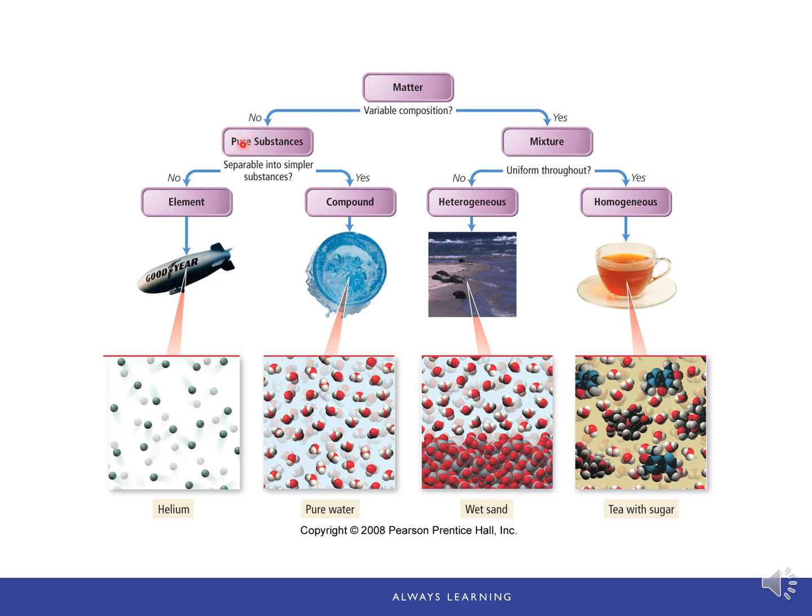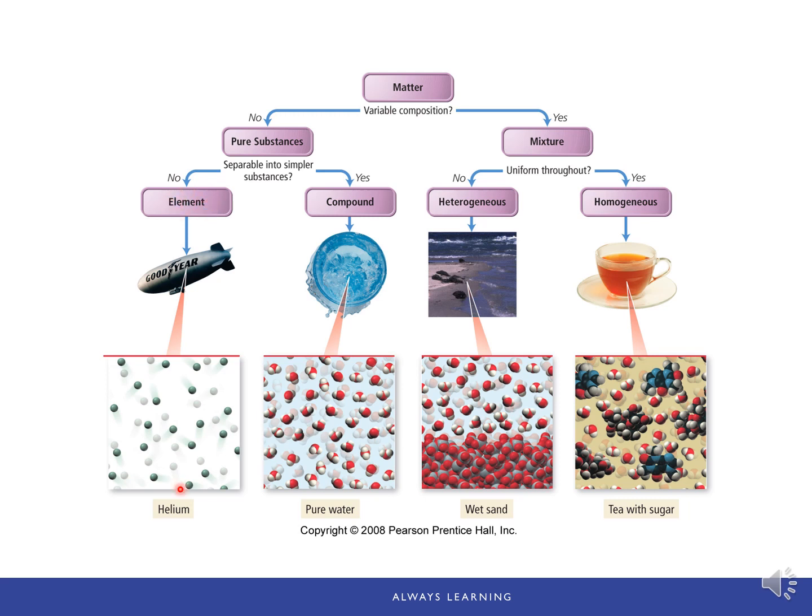And for pure substances, we can further classify the material into element or compound. If the substance is separable into simpler substances, it is a compound. If it's not separable into simpler substances, it's an element.